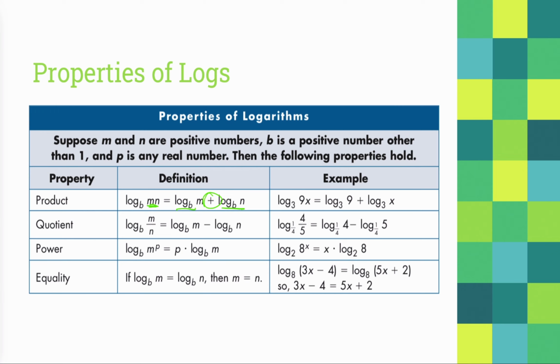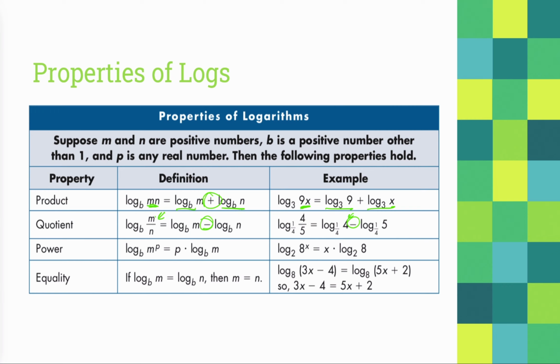So log base 3 of 9x, 9 times x, we split that up into log base 3 of 9 plus log base 3 of x. For division, if they're divided inside the log, we split that up and we subtract them. So log base 1/4 of 4/5 is log base 1/4 of 4 minus log base 1/4 of 5.